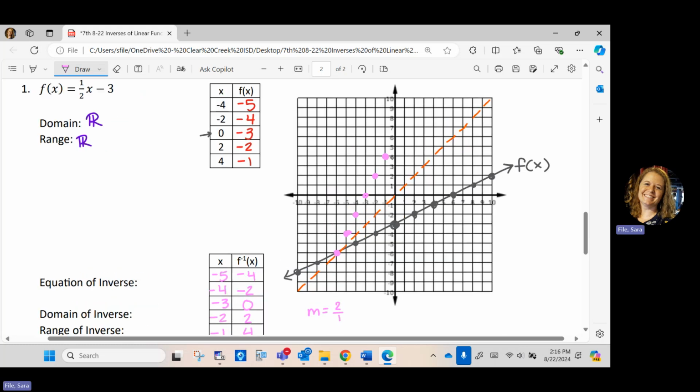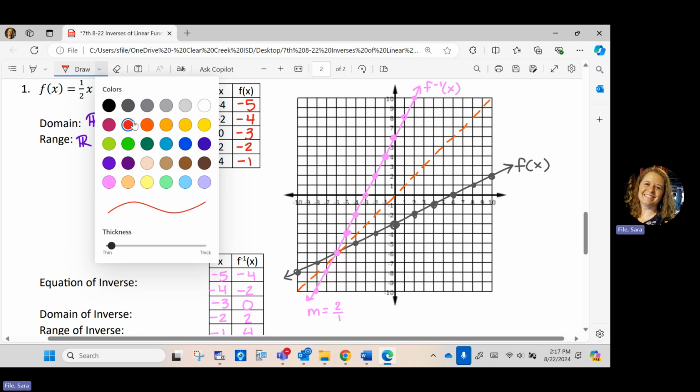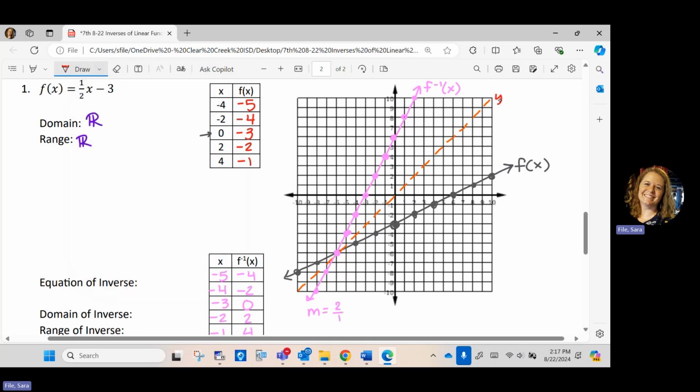So I could just keep going up 2 over 1, or down 2 left 1, and then draw that line through those. And I'm going to label that one as the inverse. And I didn't label this. I'm going to label this y equals x.